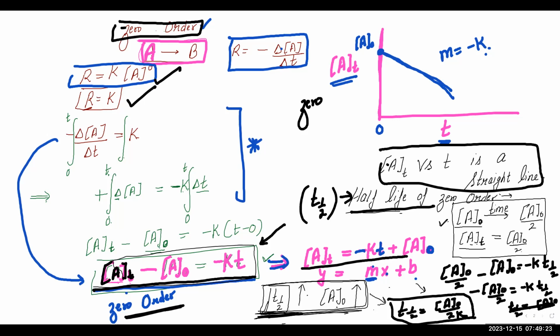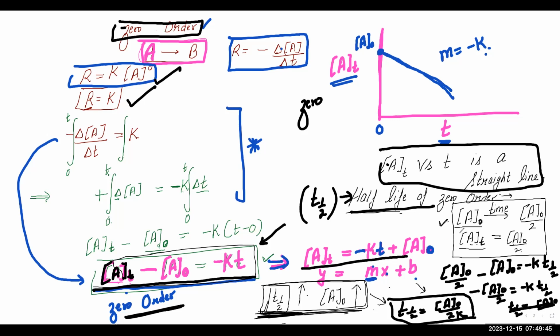Generally, AP chemistry is not so much into half-life of zero order and second order, but it is too much in the half-life of first order. You will understand why. So half-life is the time taken to decrease the initial concentration to its half.